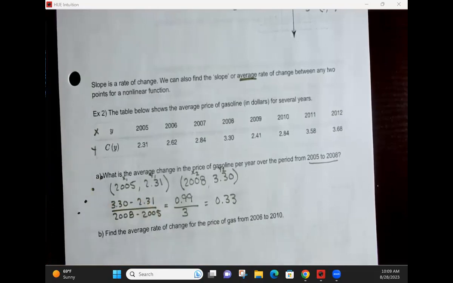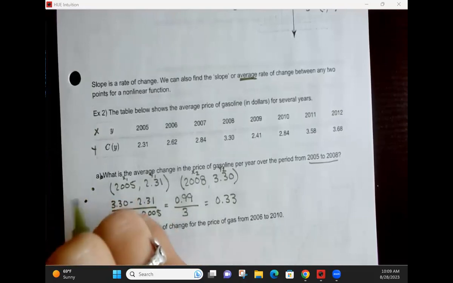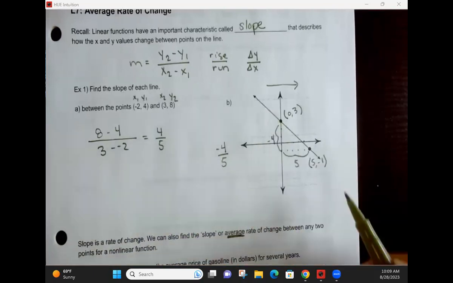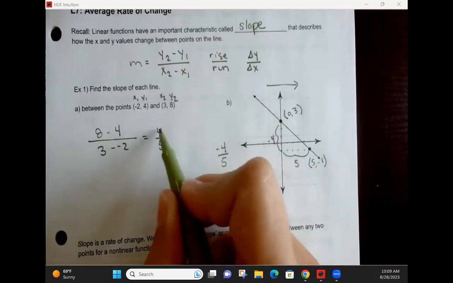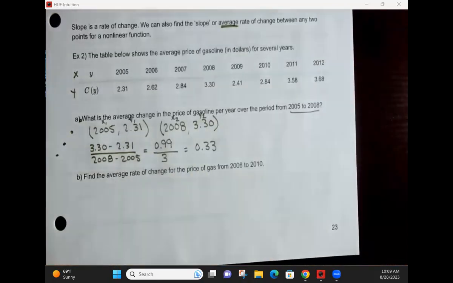Just like when slope is positive, that means our line is going up from left to right. When it's negative, we're going down from left to right. Here, slope was negative, we were going down. This slope is positive, that means I'm going generally up. Same deal here. We are increasing.